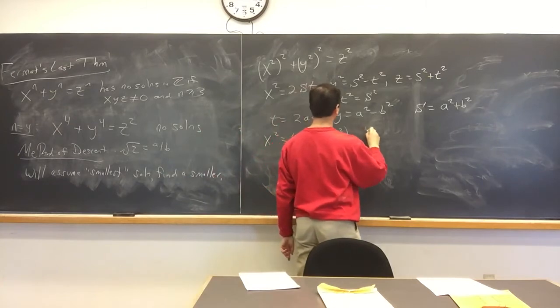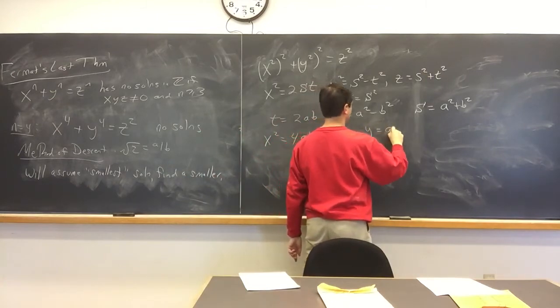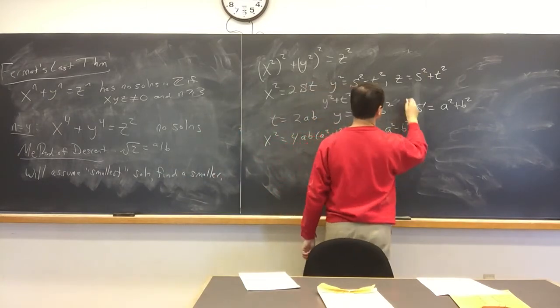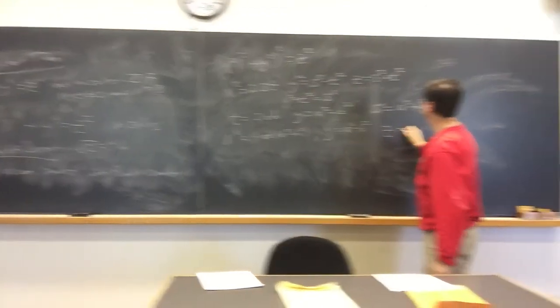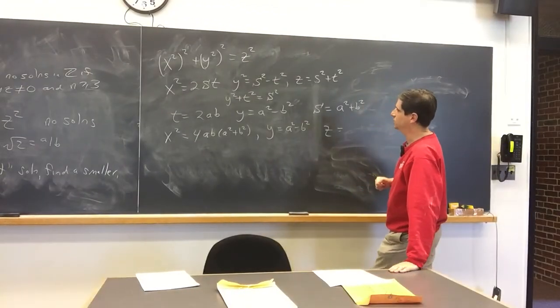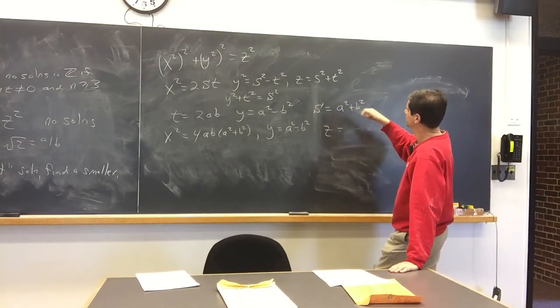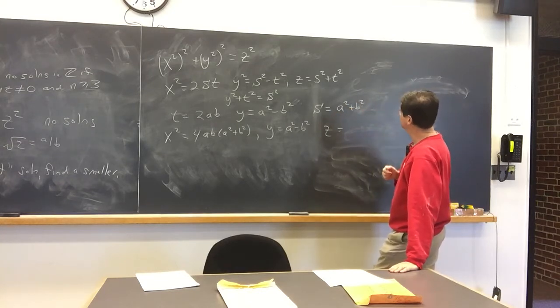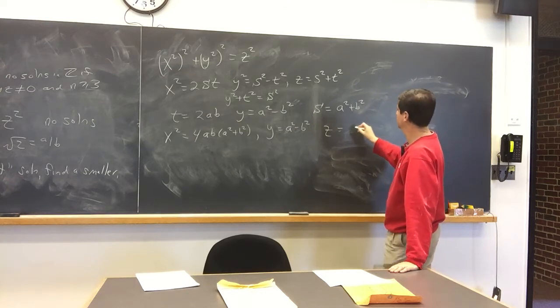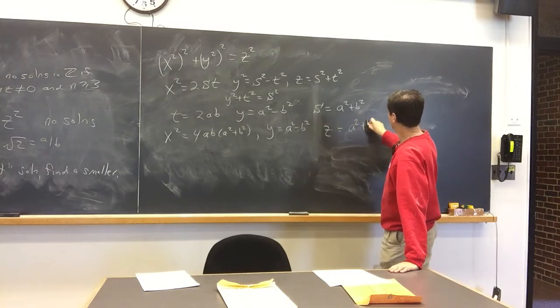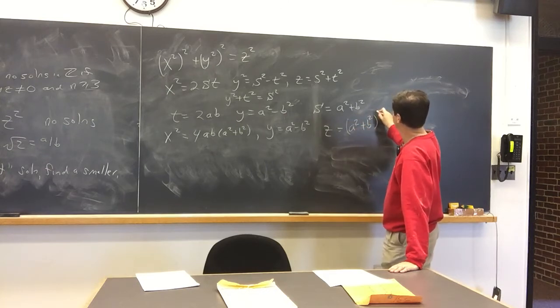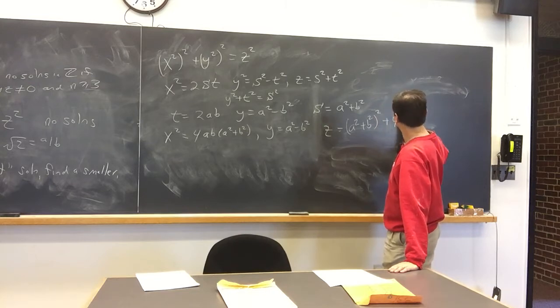And then z is s squared plus t squared. So s squared is going to be a to the fourth plus 2a squared b squared plus b to the fourth. And then t squared, all right, well, I'll just leave it like this and hope that I don't have to do too much with z for now. So for a squared b squared.